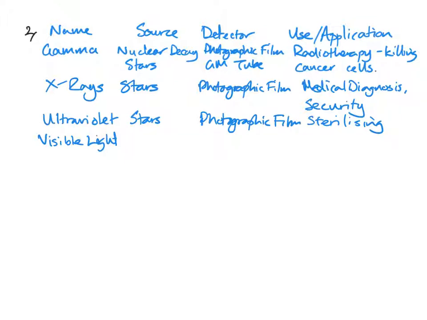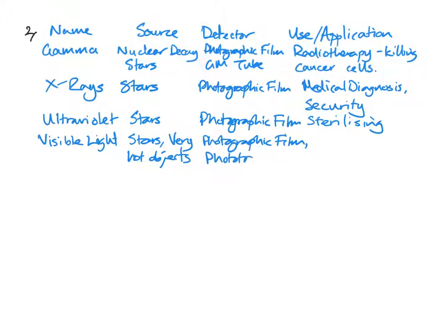So for visible light, we had stars. We did talk about, didn't we, very hot objects. So for instance, if you put a piece of metal on a fire and heat it up a lot, then it glows. An obvious detector, once again, photographic film. But you do also get things called phototransistors.